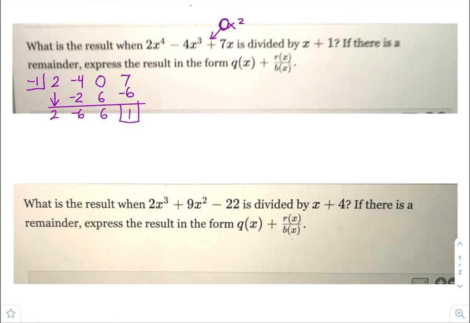Okay, look, now we have a remainder, right? So first, let's notice the highest degree was x to the fourth, which means this one right here is 1 lower than that, and then just keep on going 1 degree lower.